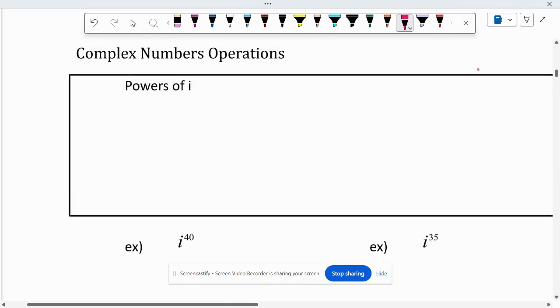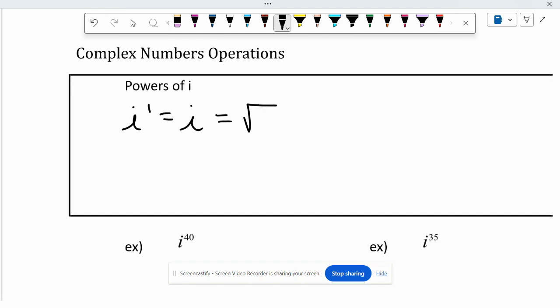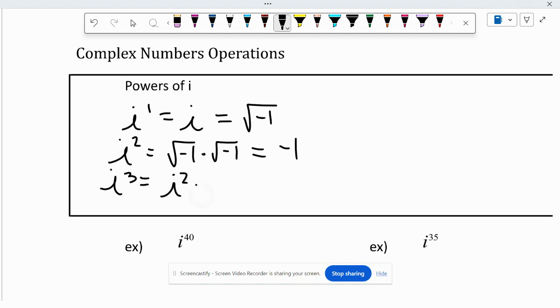Okay, but let me go back here really fast. You're ahead of me. So powers of i, we already talked about this. So i to the first power is just i, which is essentially just the square root of -1. i squared is the square root of -1 times the square root of -1, which equals -1. i cubed is i squared times i to the first, because we can add the exponents. But i squared is -1, and i to the first is just i.